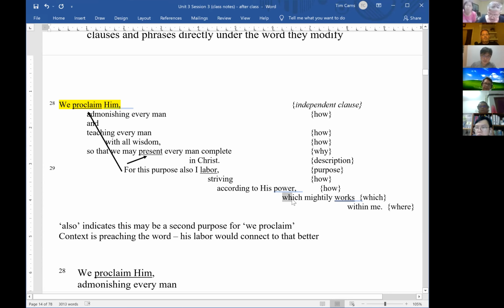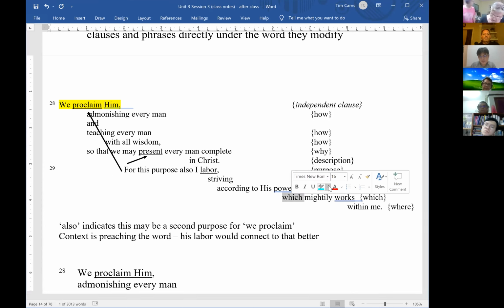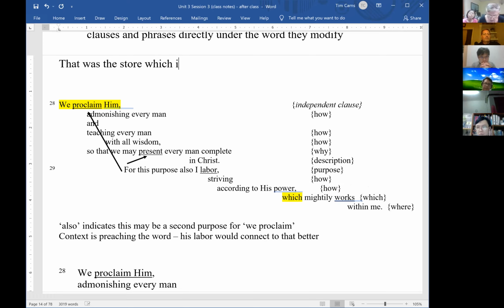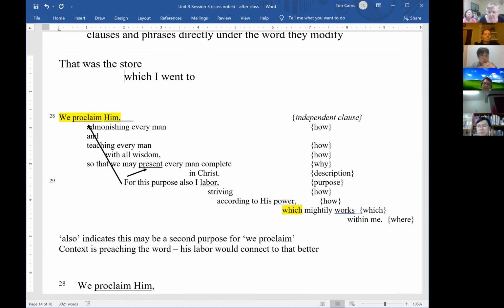Normally, when you have a relative pronoun like which, it connects to the word right before. For example, that was the store which I went to. So this is modifying store. Which store? The store which I went to.